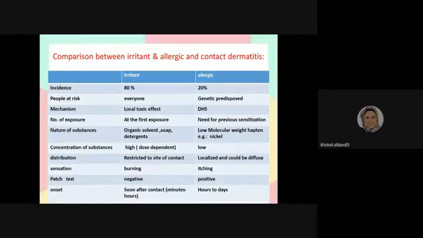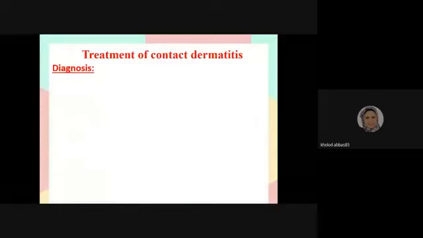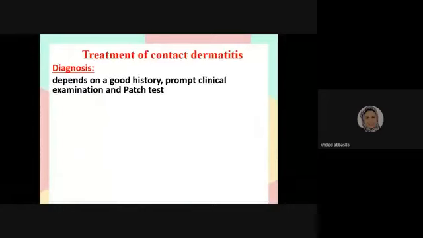Onset is immediate in irritant, within minutes to hours, while in allergic we have a delayed process that needs 12 to 48 hours. Treatment: as we said, diagnosis depends on a good history, good examination, and the use of patch test.